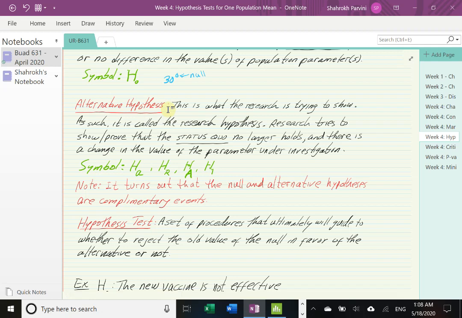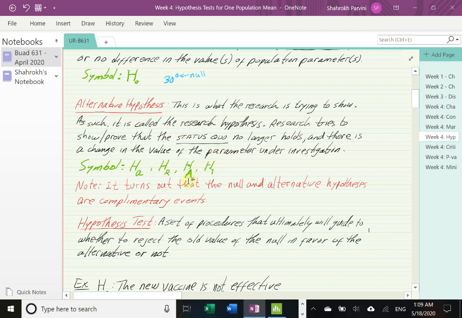So this research hypothesis is trying to, if you will, disprove that the status quo is actually true. So it's trying to negate it, if you will, or reject it. That means something has actually changed. The status quo no longer holds. And in our case, that means the value, the parameter, actually has changed. It's no longer what it used to be.